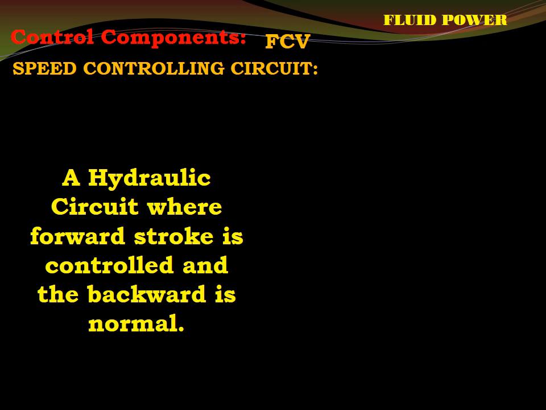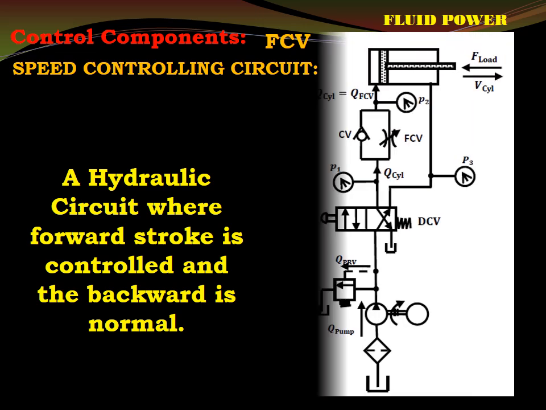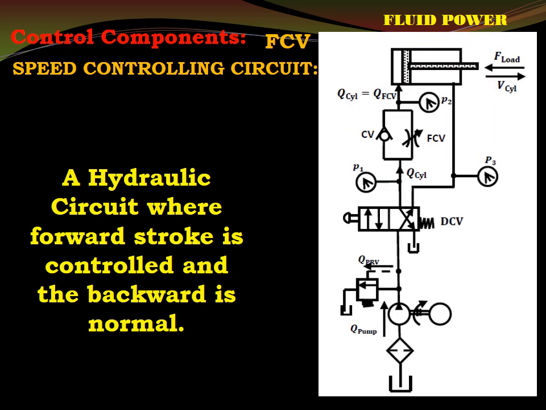Yes, you are right. It can be done with the help of a check valve. How? Here is how. Look over here. Say this envelope is in action, so flow will take place through this.